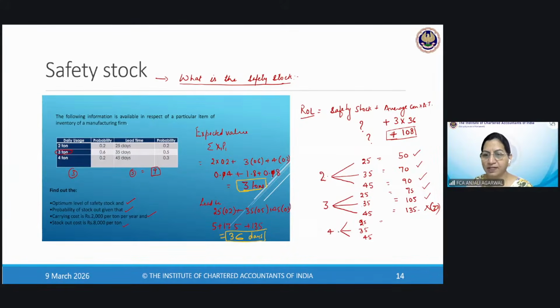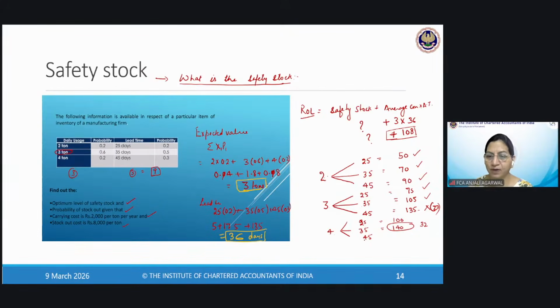Then we have further scenarios. 4 into 25, no problem. 4 into 35, 140. There is again a problem of stock out here with 32 units. You had 108, but your requirement in this period was 140. So you were stocked out by 140 minus 108, 32 units.